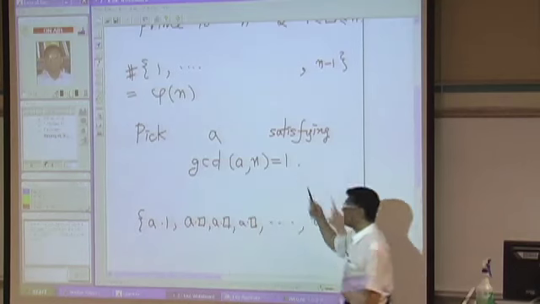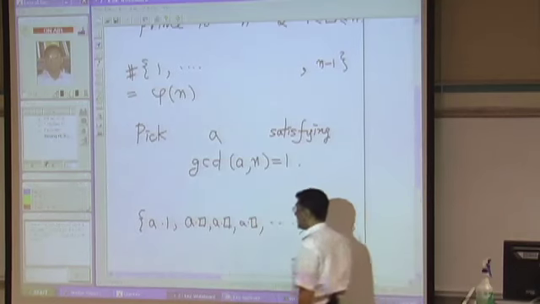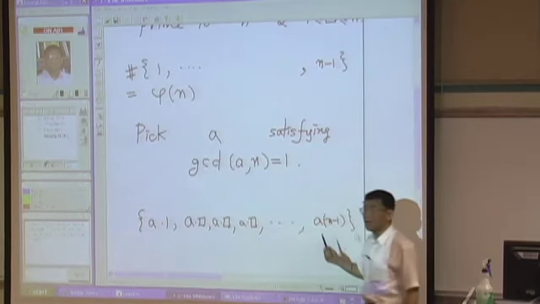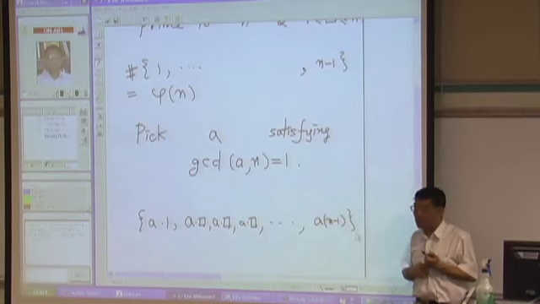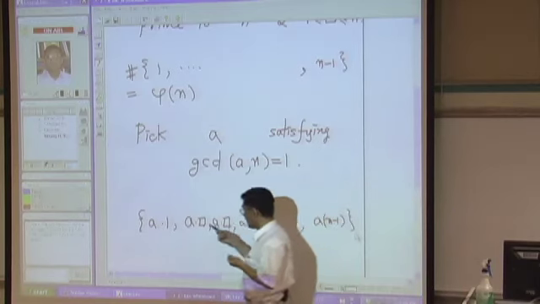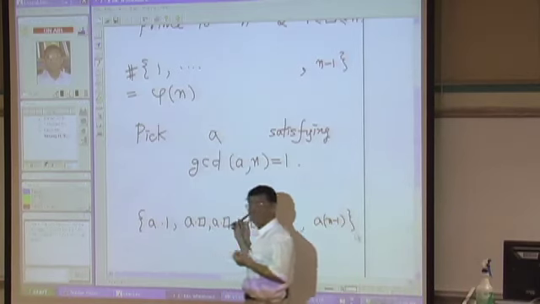Total phi of n numbers. And the next thing is this one. Will each of these be relatively prime to n? What is your guess?